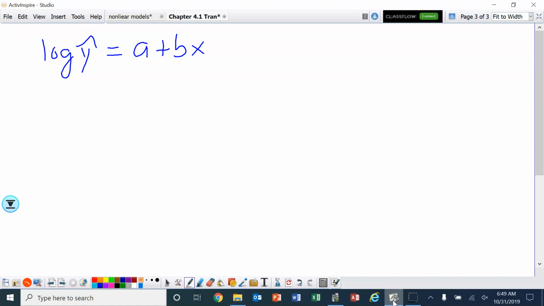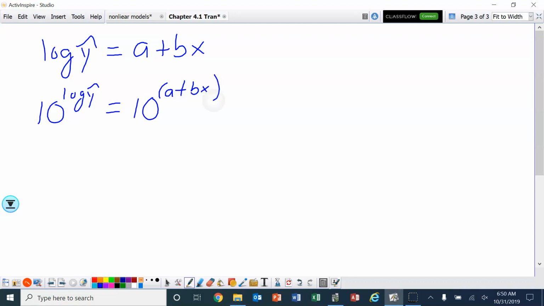And remember the basic rule you learned when you started learning algebra: what you do to one side of an equation, you do to the other side. So we're going to rewrite this as base 10 to the log y hat, and the other side, base 10 to the a plus bx.